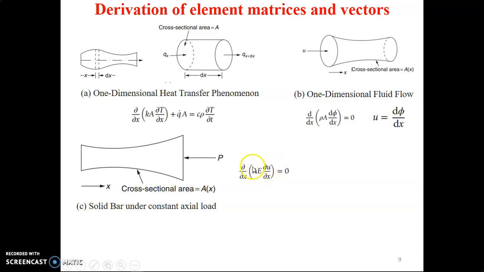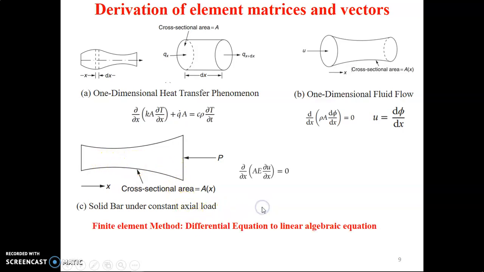Multiplied by A, we get the force in that particular cross section for the differential element, and when we take its derivative with respect to x, we set it equal to 0. This is the mathematical model for a solid bar under constant axial load.